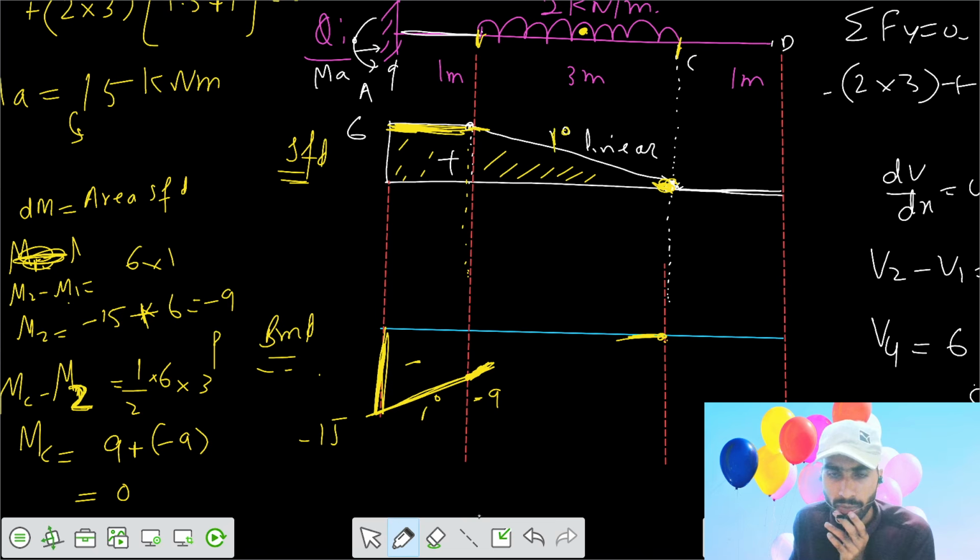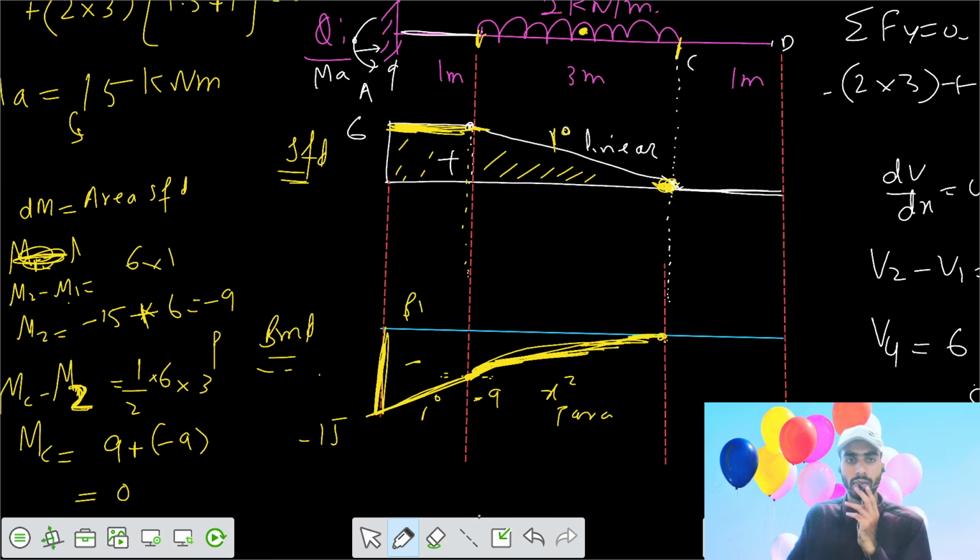For the bending moment diagram, it has to be a parabolic variation. So we join the 2 points. So this is your curve. Okay, this is your BMD.